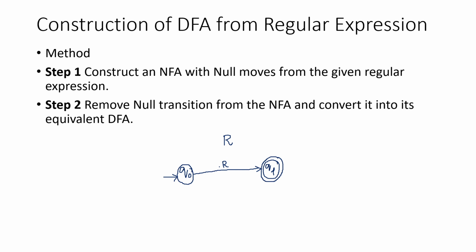Now elementary wise, there are three possibilities that we will first check. This R can be, suppose, only A. This R can be only B. If I consider that I have only the alphabet A and B, this R can be only A or R can be only B. This R can be some combination of A, B. What are the basic combinations possible?